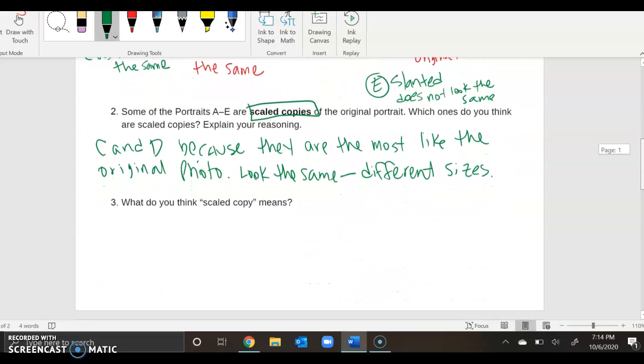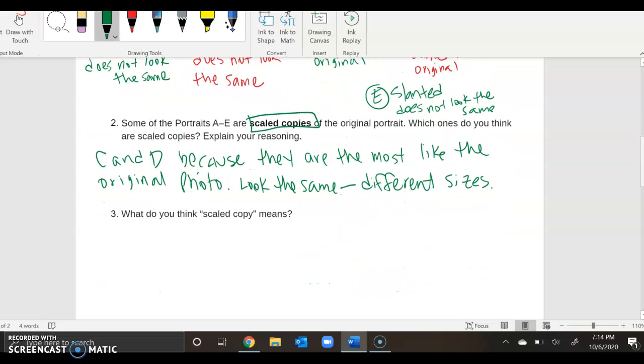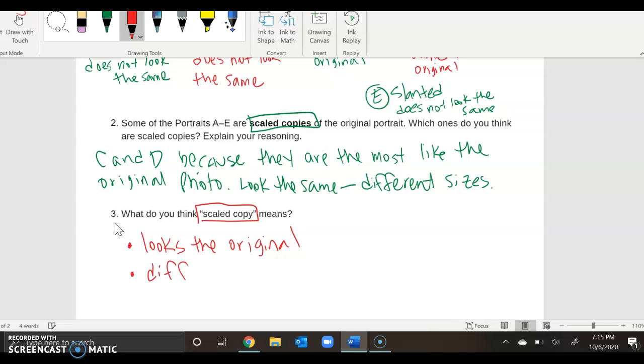So taking it a step further, if we ditch the pictures altogether, and we're just talking about this idea of what we think it means to be a scaled copy, we want something that looks like the original version. It can have a different size though.